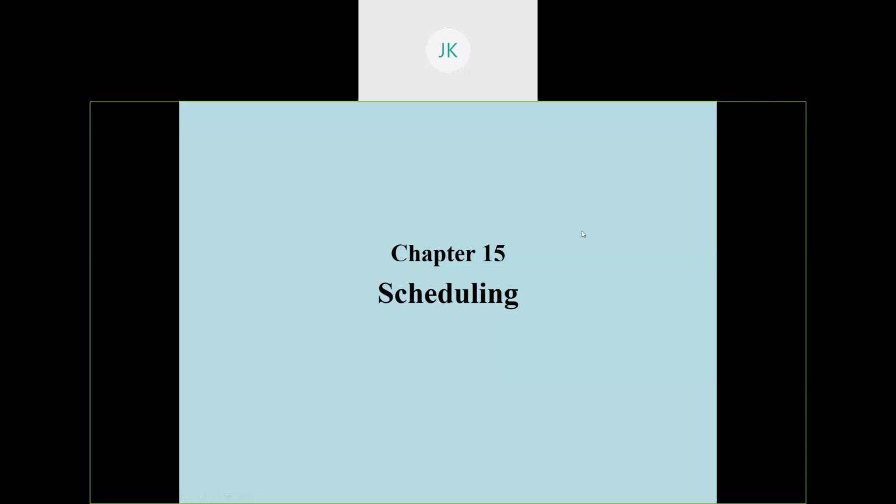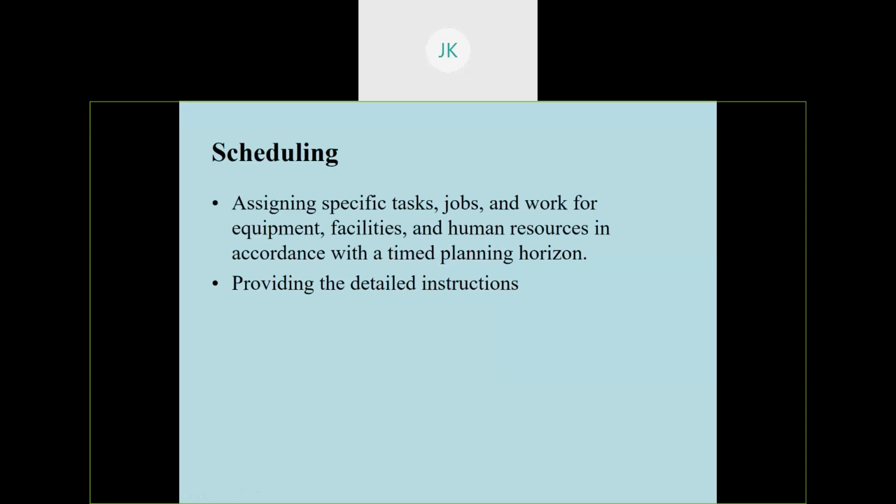today's chapter is chapter 15, scheduling. Scheduling is assigning specific tasks, jobs, and work for equipment, facilities, and human resources in accordance with a timed planning horizon.